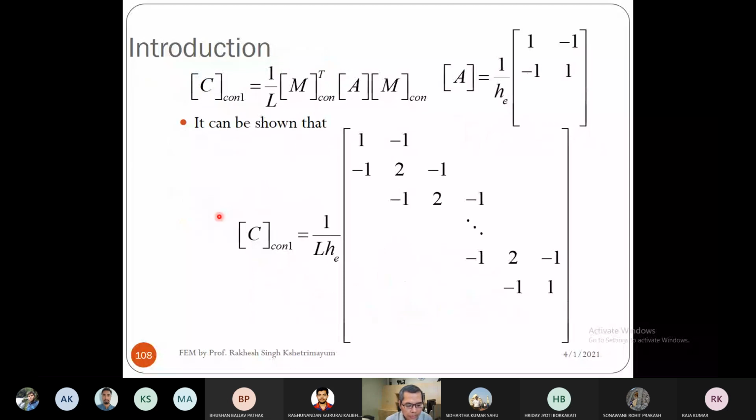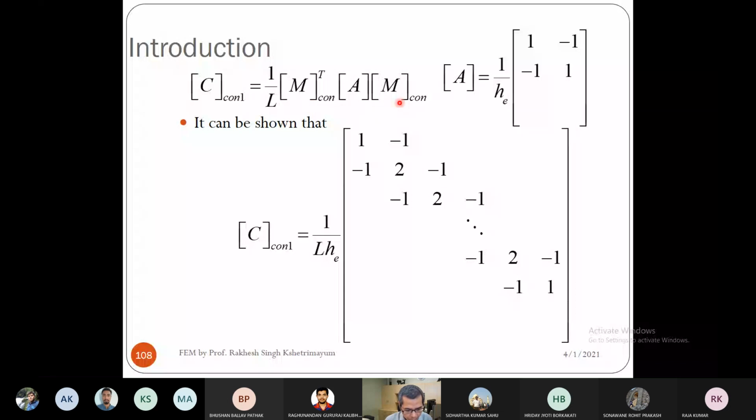So let us try to find out the expression for the connection matrix. The A matrix was 1, minus 1, minus 1, 1, times 1 by L. We have discussed that you take the transpose of the connection matrix, multiply with the A matrix, then the connection matrix.